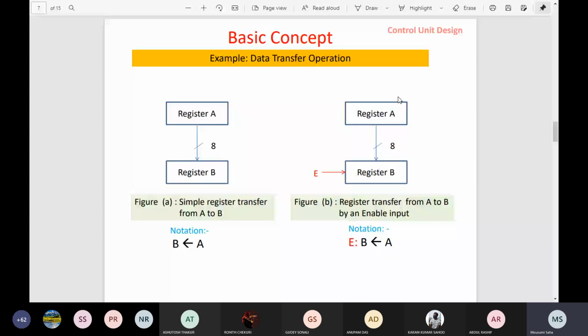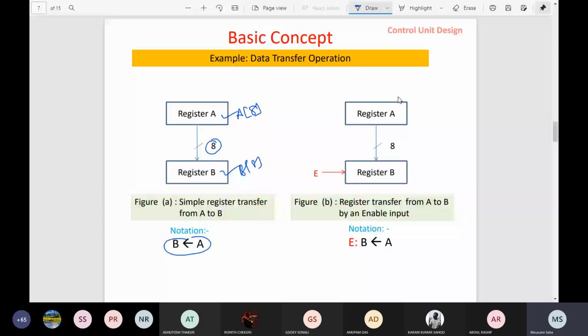Now, in the first example, if you consider only transferring the data from A to B, you can design a register A and a register B, depending on the size. Here I have considered 8-bit, so A is 8-bit and B is also 8-bit.